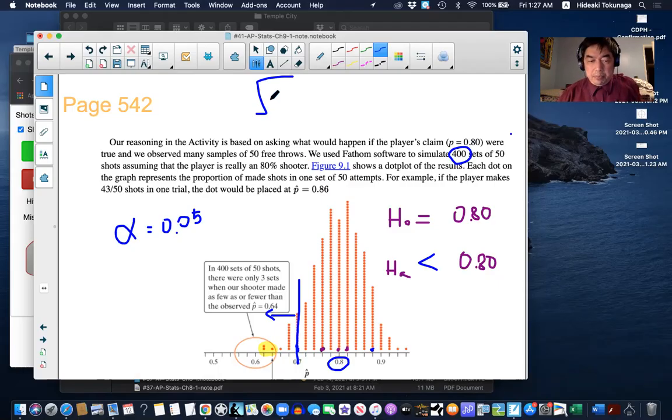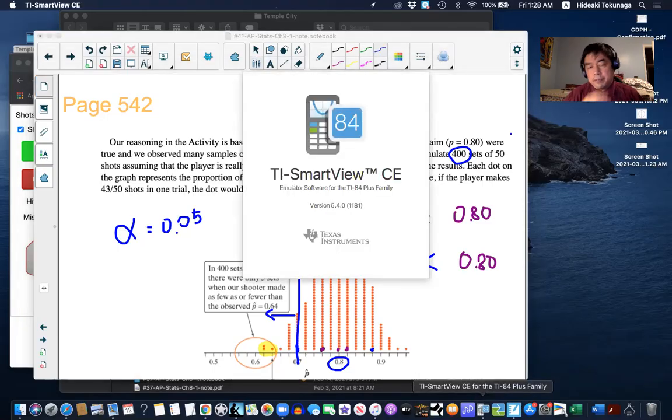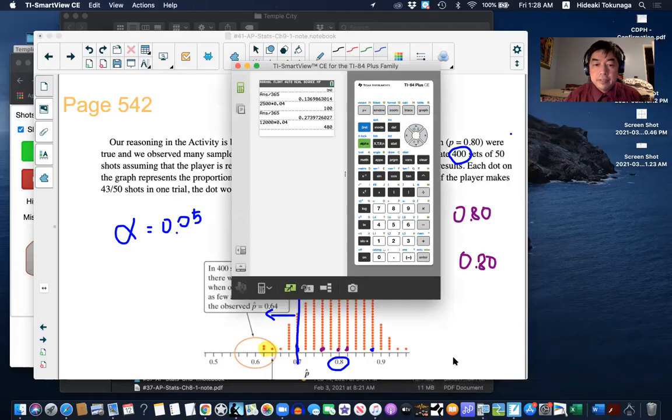And so this is, if you remember how you get standard deviation, 0.8 is success times failure 0.2 and divide by 400. Okay, so this is standard deviation. Okay, now let's calculate this. Okay, so let me clean up here.